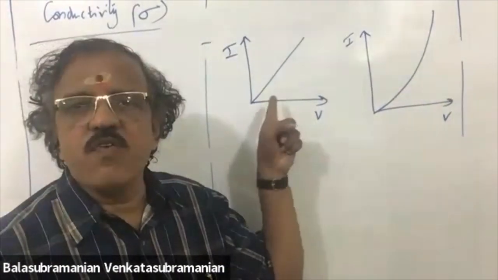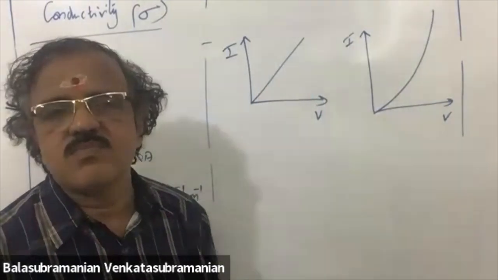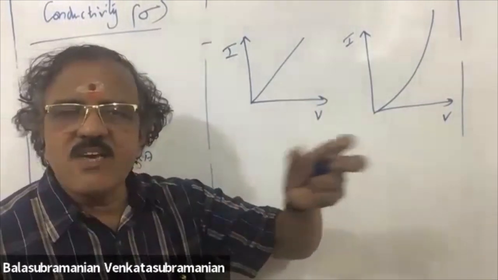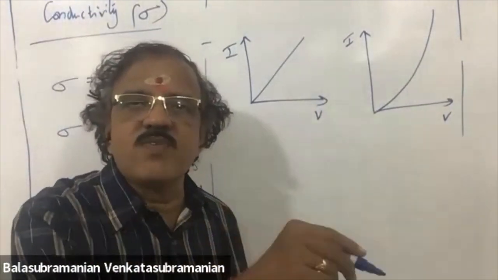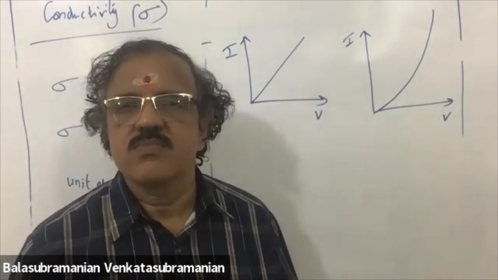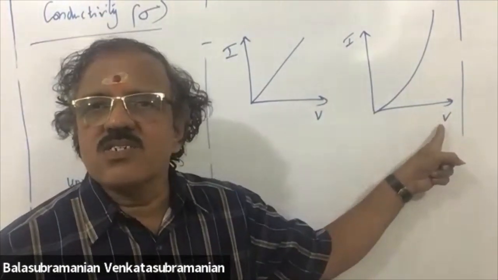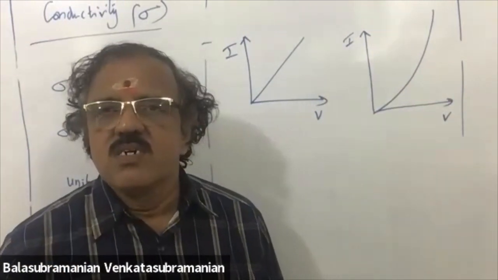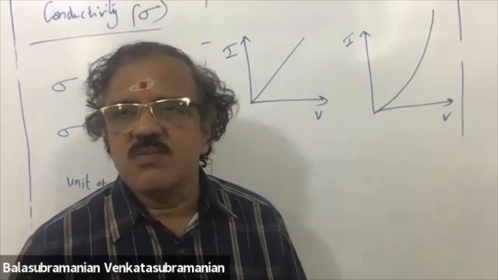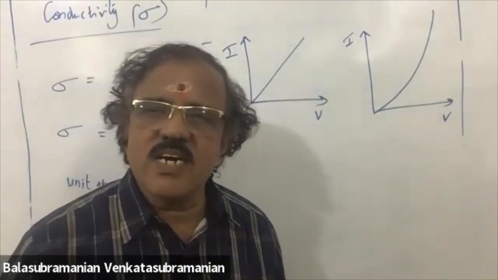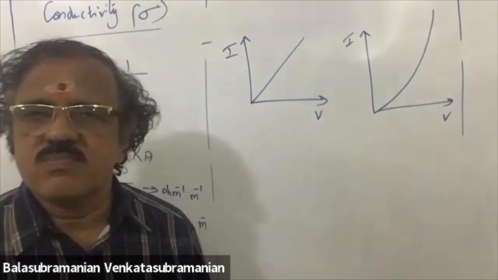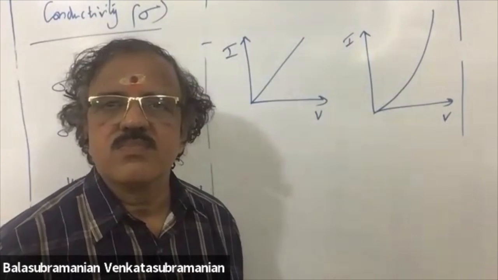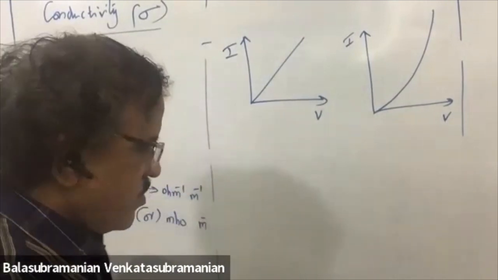The devices which follow exactly Ohm's law are ohmic devices. Where Ohm's law varies slightly, non-ohmic devices, diodes, transistors, and all non-ohmic devices. In the electronics chapter we will discuss what a diode or transistor is. In non-ohmic devices, Ohm's law is not exactly followed. Perfect form of Ohm's law. Okay.